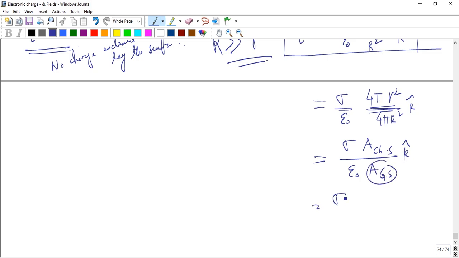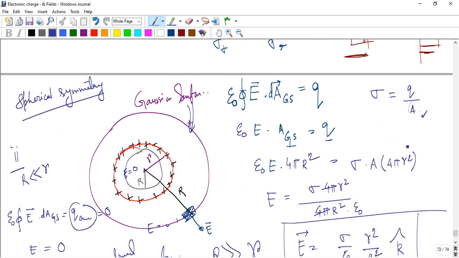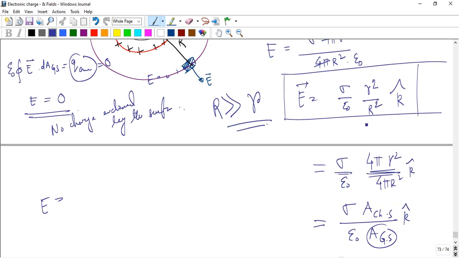Sigma times area gives the charge Q. So we get Q over the area of the Gaussian surface, 4 pi r squared.